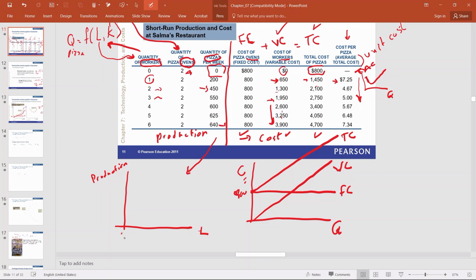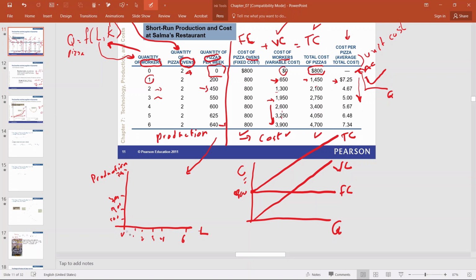So labor 0, 1, 2, 3, 4 until we reach 6. And this is 100, 200, 300 until 700.